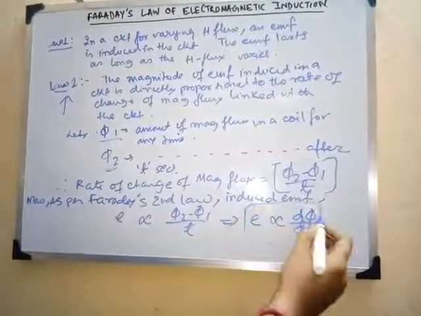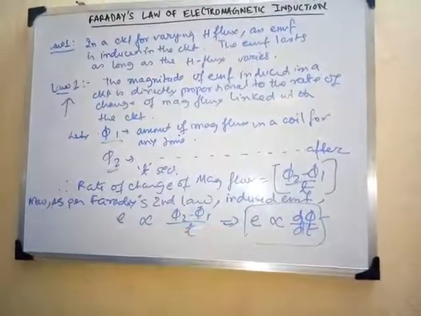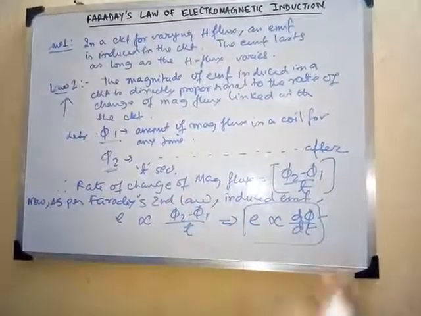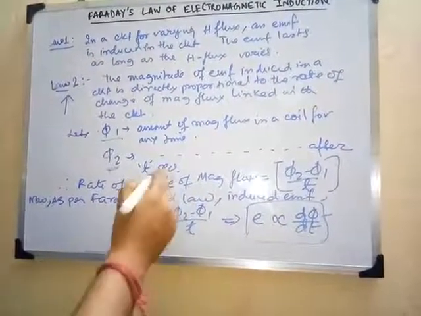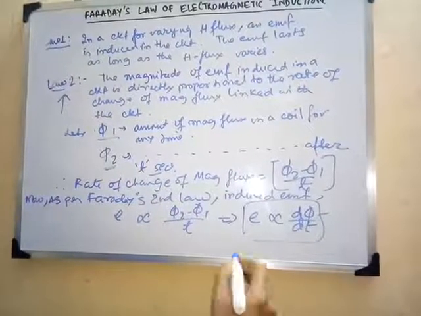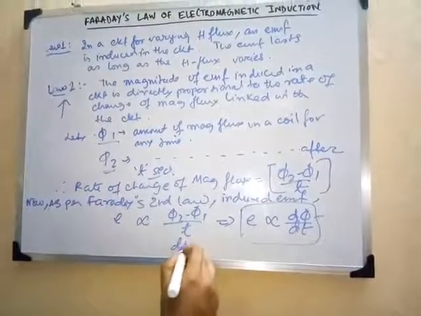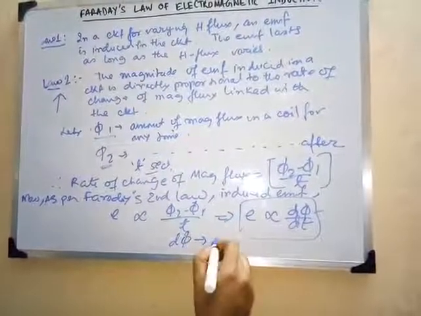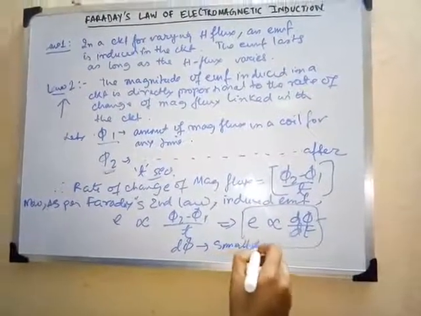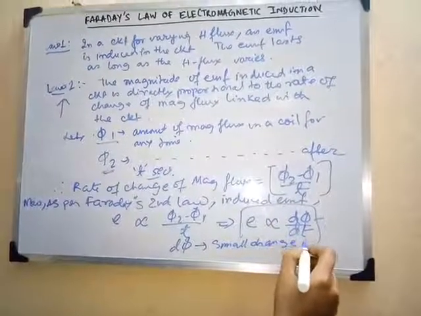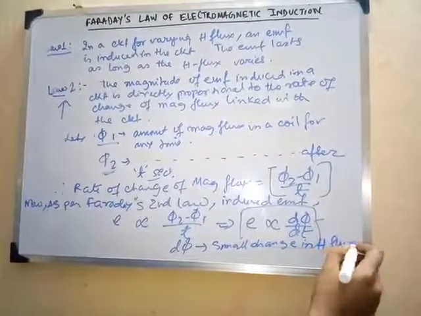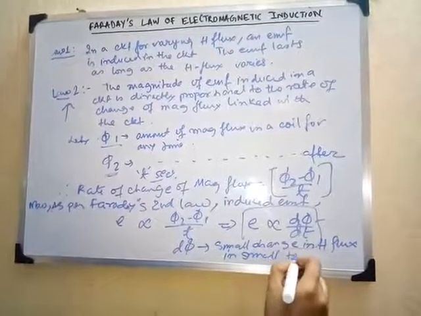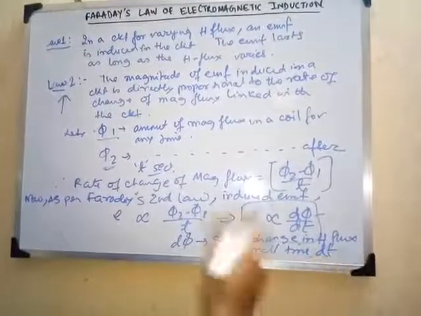So this was the expression where d phi is the difference of the amount of magnetic flux at an instant and after t second, right? Let us write it so that you don't forget it. So d phi will be the small change in magnetic flux in a small amount of time, dt, right?